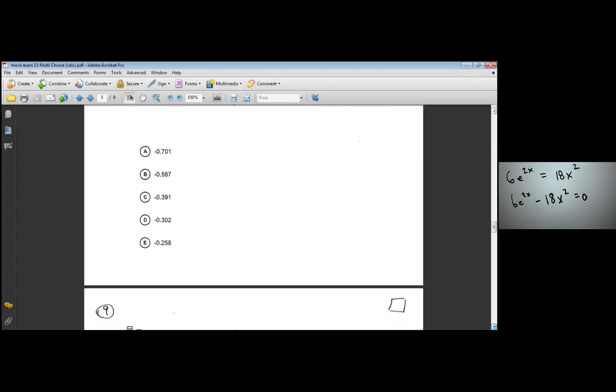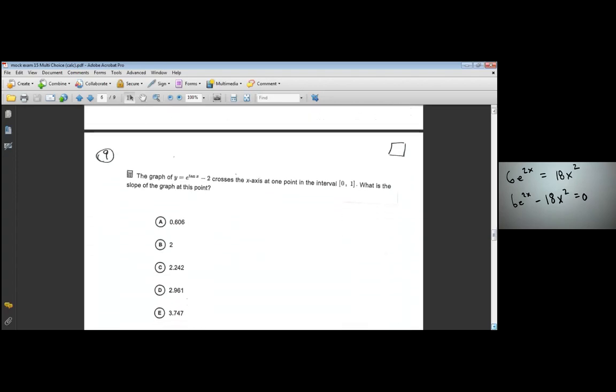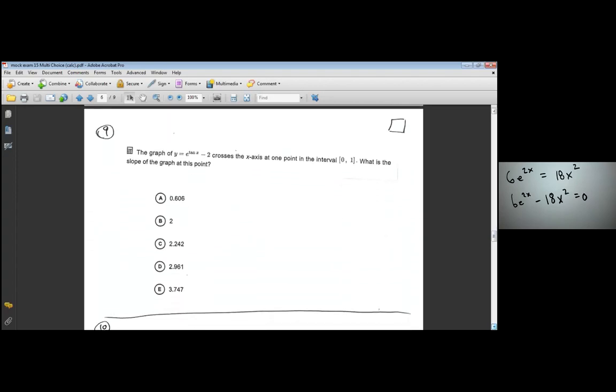Going down here to number 9. The graph of y equals that crosses the x-axis at one point on the interval 0 to 1. What is the slope of the graph at this point? So if you want the slope of a graph at that point, what are we being asked to find? Derivative.